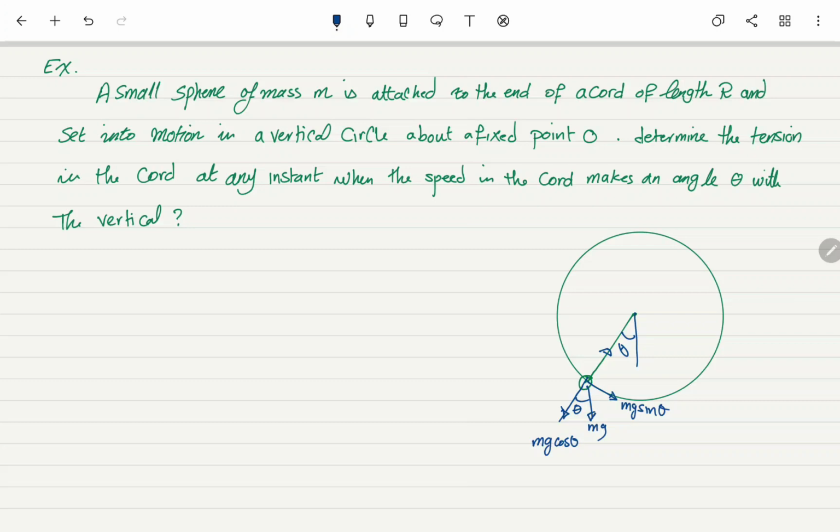Now, the sum of all forces in the tangential direction equals m a tangent. In this case, mg sine theta equals m a tangent, so a tangent equals g sine theta. Now to find the tension in the cord, let's analyze the radial direction.